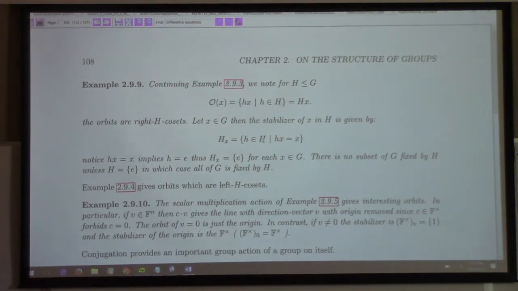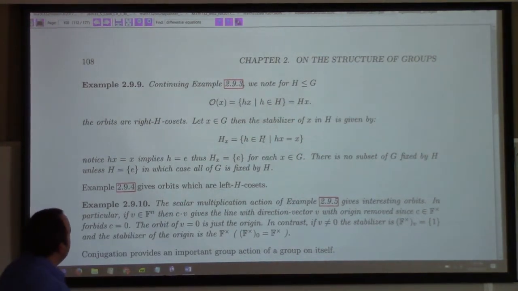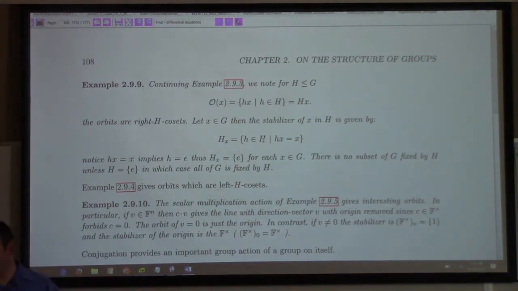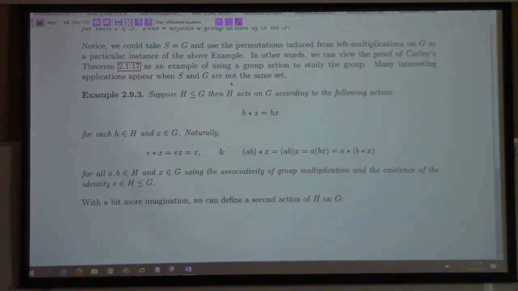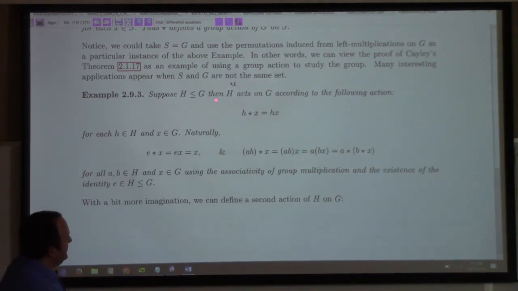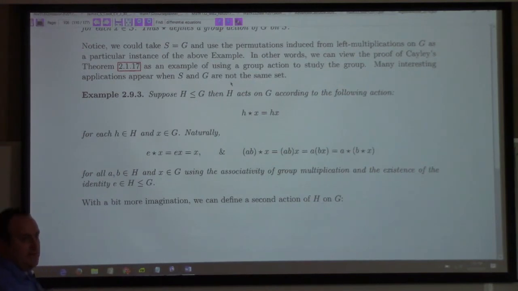So one of the group actions you can look at is, let's see here, example 2.93. Let me go back to that just a second. I had a few more examples in my notes than I had a chance to write up here. So this is another group action you can define. If you have H a subgroup of G, you can let H act on G according to just group multiplication. So you can let a subgroup of a group act on the whole group by group multiplication.